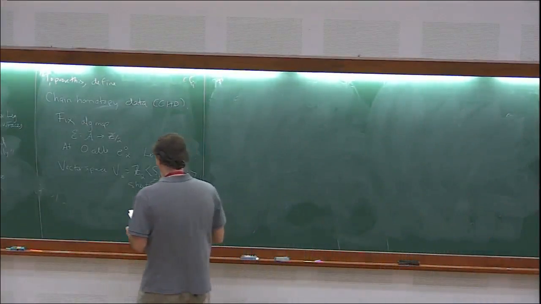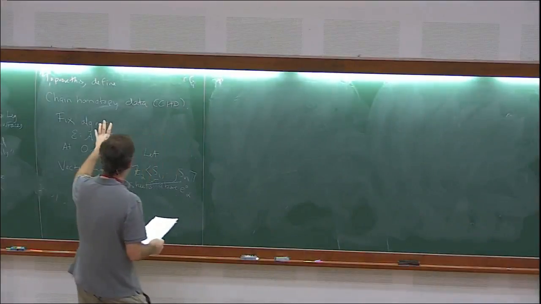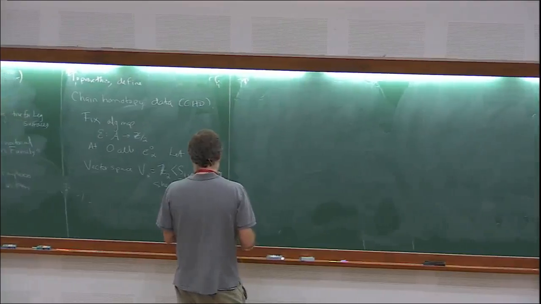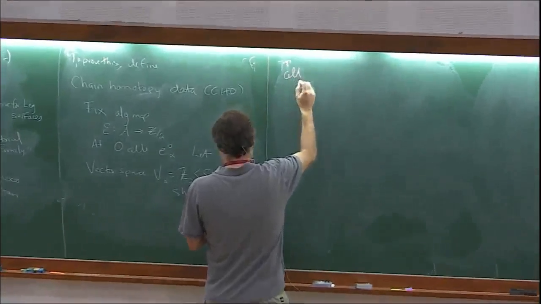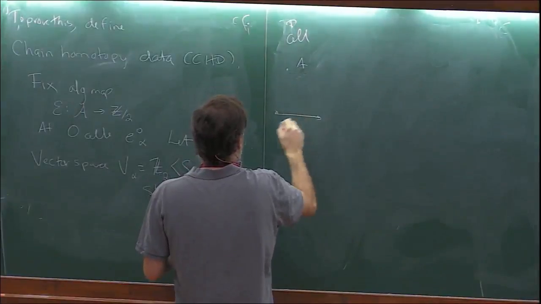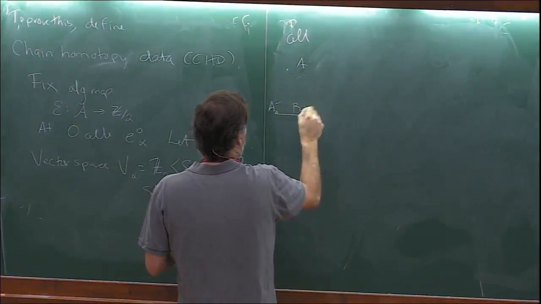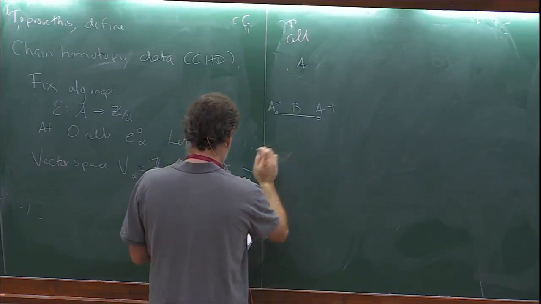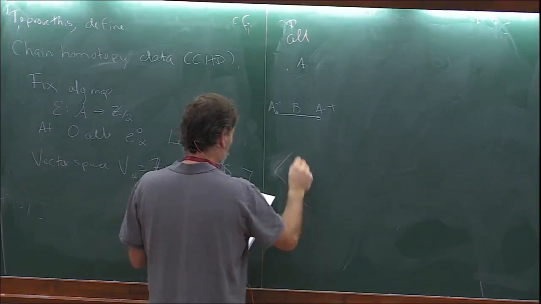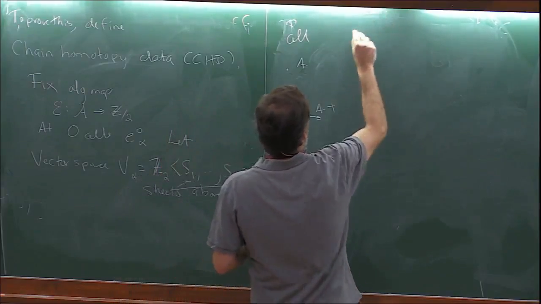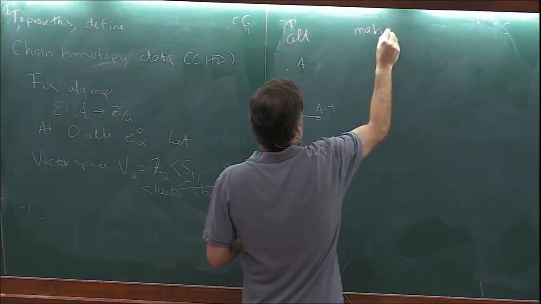Okay. And so we're going to build the following thing, which is part of what should be a chain homotopy data. Okay, so again, we have the cells. We have A minus, B, A plus, and then something like a 2-cell. Okay, and for each of these cells, we're going to consider a matrix.